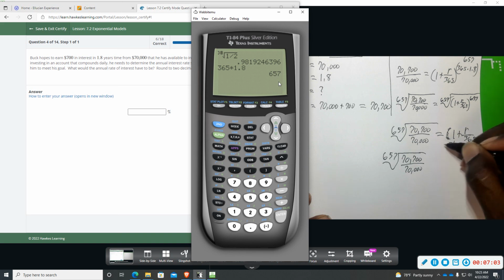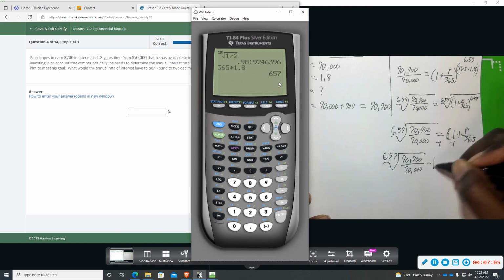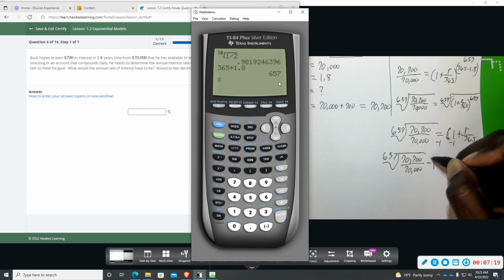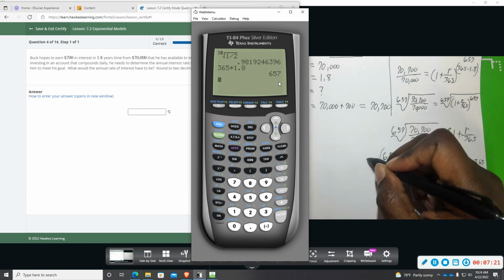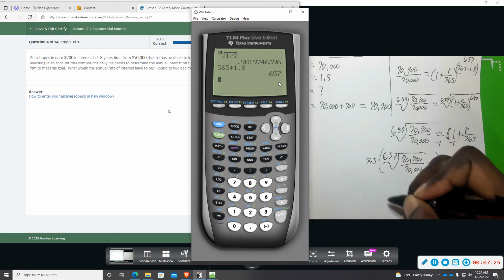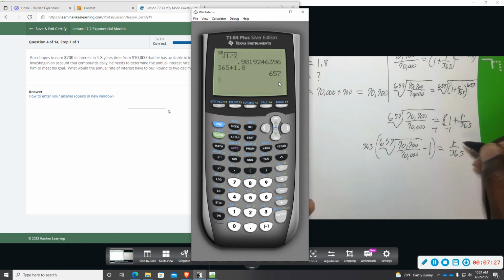We're going to subtract 1 from both sides. It's going to be minus 1 over here, and that's going to leave us with r divided by 365. And then the last thing, we're going to multiply by 365 to get rid of division. This is going to be the final thing that I'm going to plug in to figure out r.